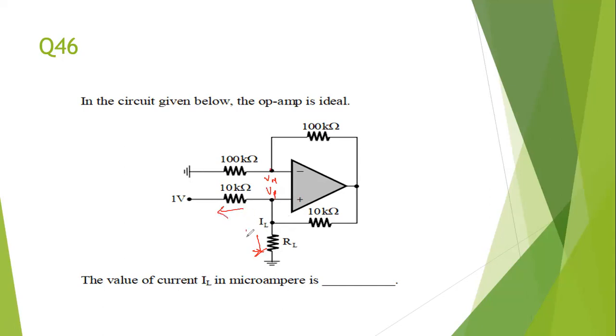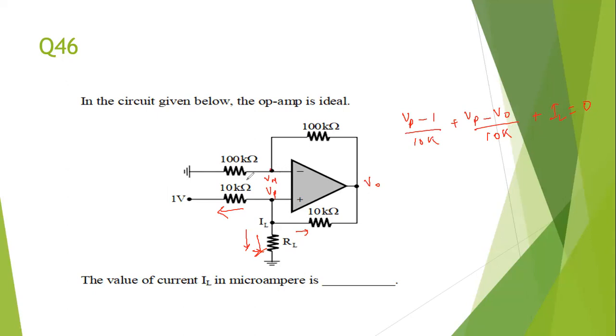After applying the KCL, you will get (Vp minus 1) by 10k plus (Vp minus V naught) by 10k, where let's say this load current is IL, so this is IL equal to 0. So Vp by RL. Now, what's the value of RL, and how can you find it? Now, this is your Vp.